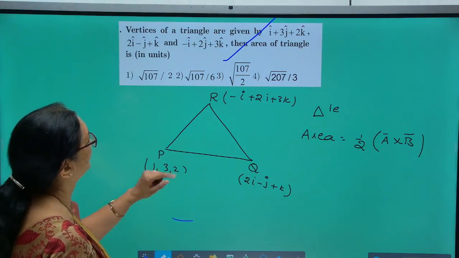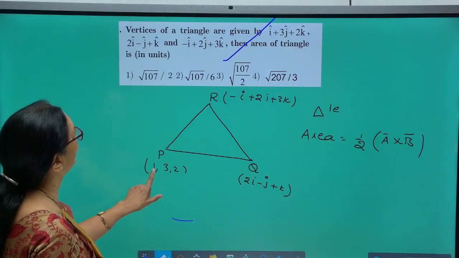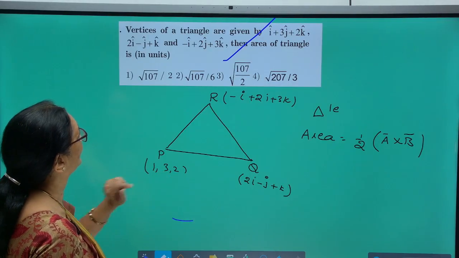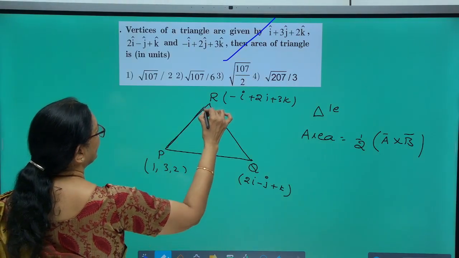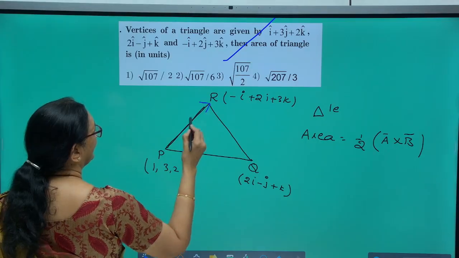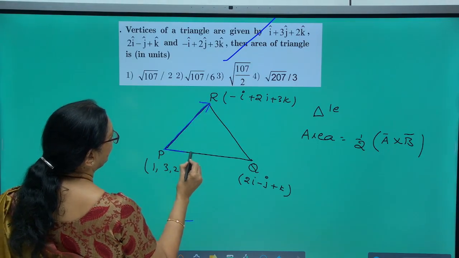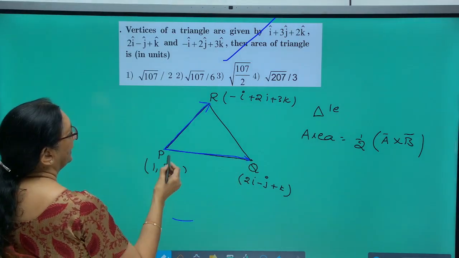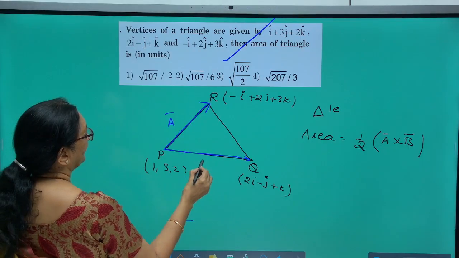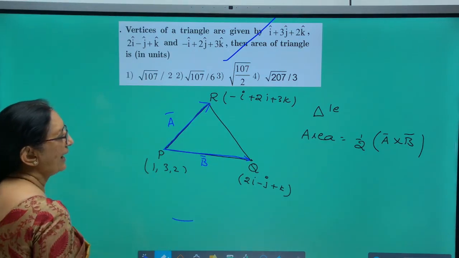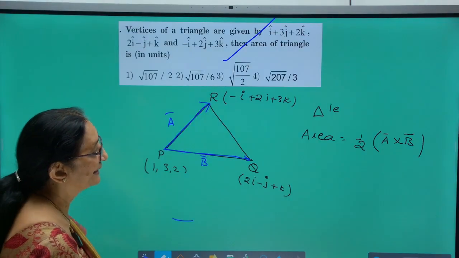Now, this is one side, this is another side. Then, if you take this as A bar and this as B bar, half A bar cross B bar gives you the area of the triangle.